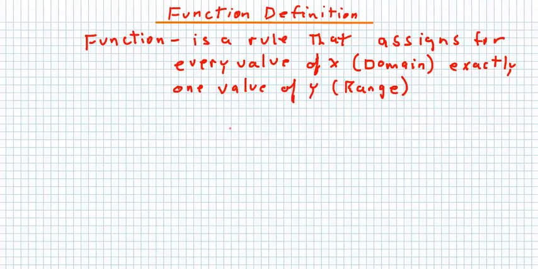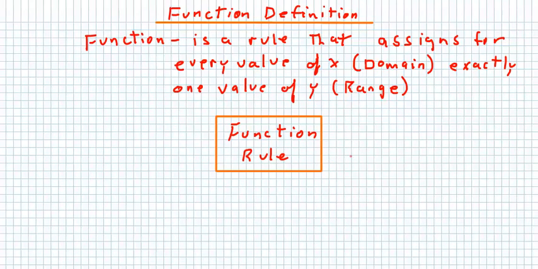So I want you to think of a function as a rule. It's sort of like a box. So I'm going to draw a box around this. Let's draw a box. And our value of x is an input.